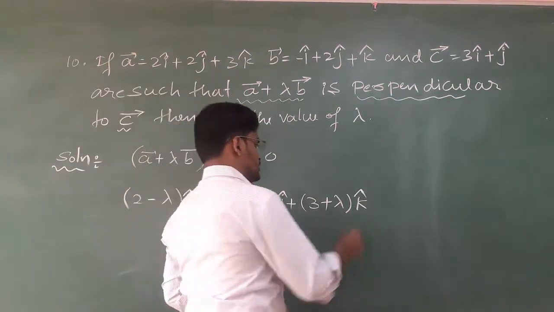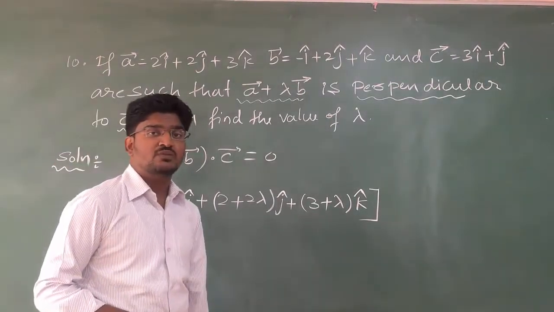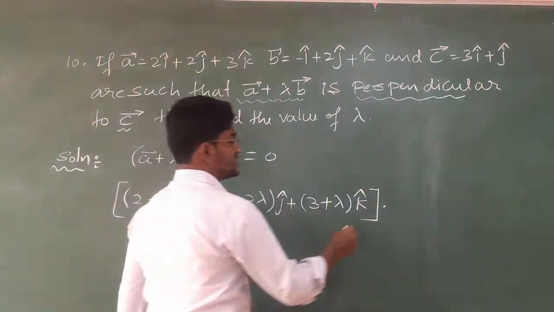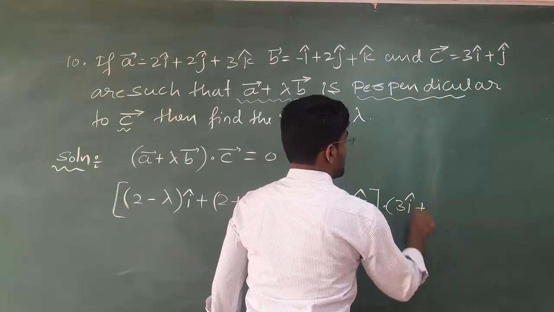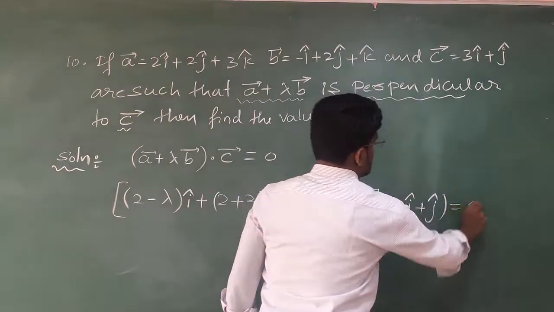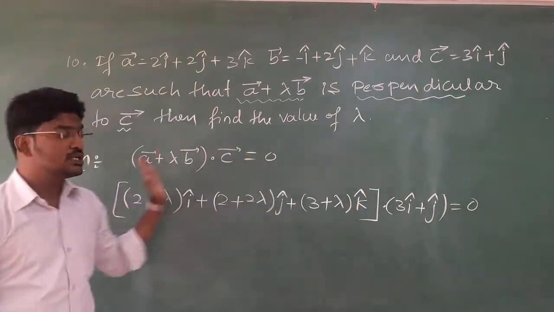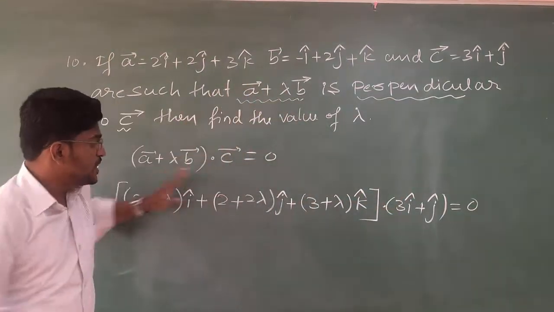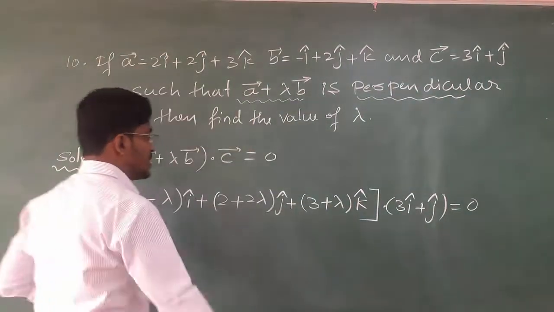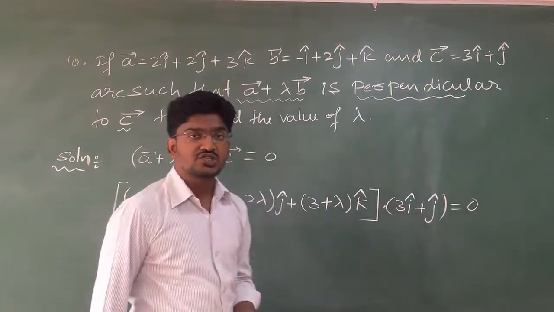Clear? Okay. This is your vector A plus lambda times vector B, dot. Now what is C? C is 3i cap plus j cap, is equal to 0. Clear? Now you have to make the dot product between this particular vector and 3i cap plus j cap.